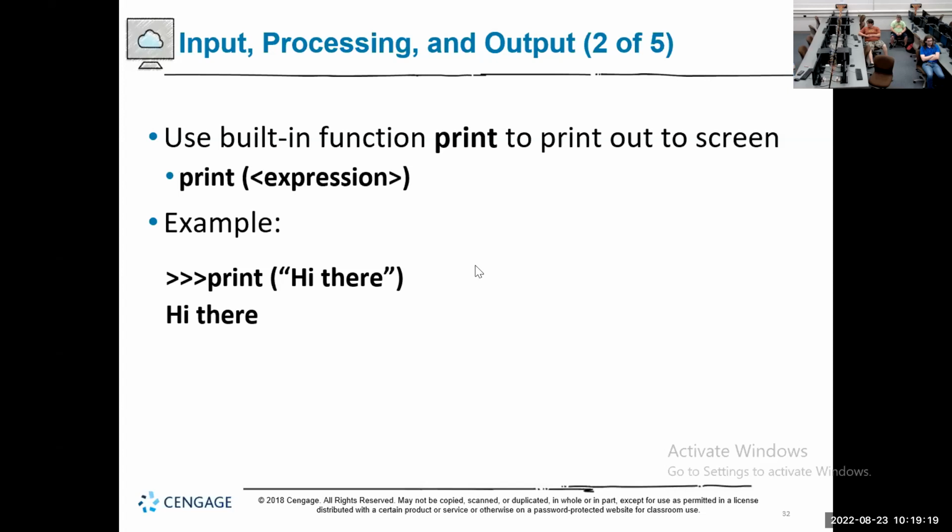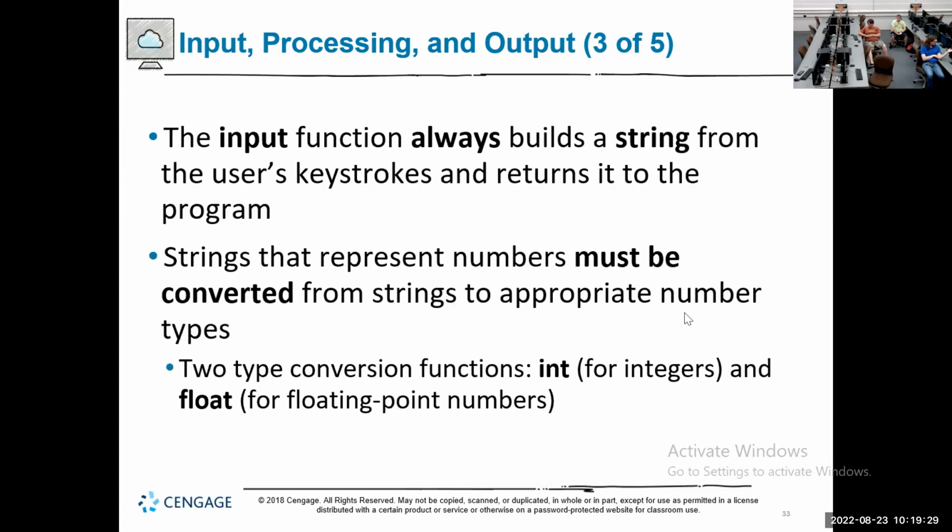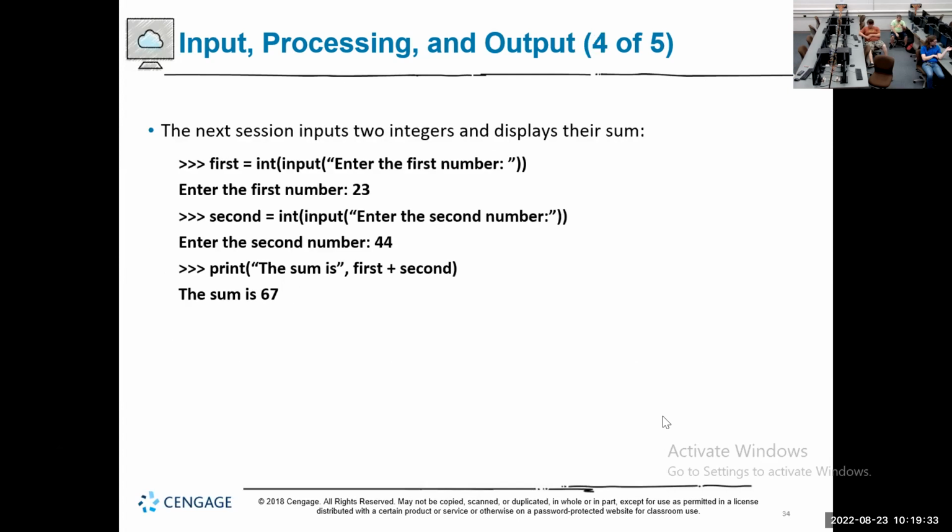Okay, and if you want to print now, use the built-in function print, which prints the string. Input is always a string, and you have to convert it with the two functions, int and float. And you can concatenate between the string and the number.